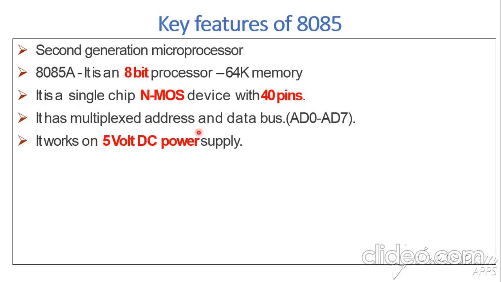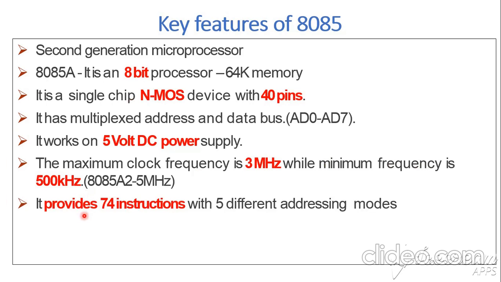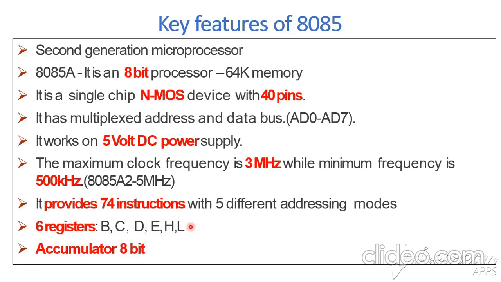It has multiplexed address and data bus. It works on a 5 volt DC power supply. Clock frequency is 3 MHz while minimum frequency is 500 kHz, and it is provided with 74 instructions and 5 different addressing modes. It has 6 registers B, C, D, E, H and L, and an 8-bit accumulator.